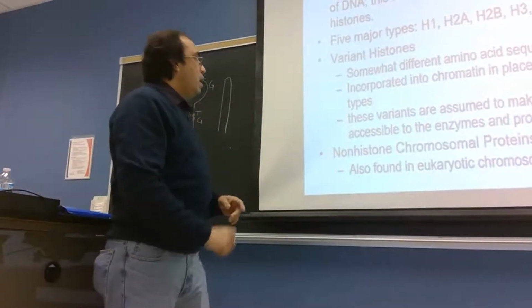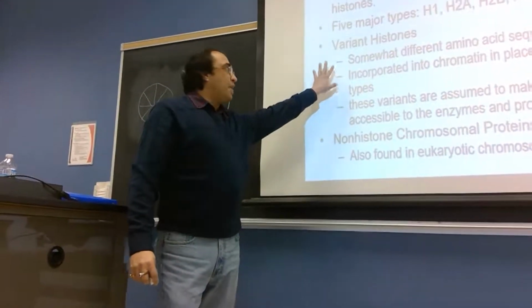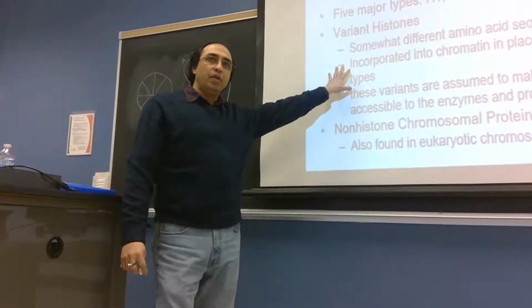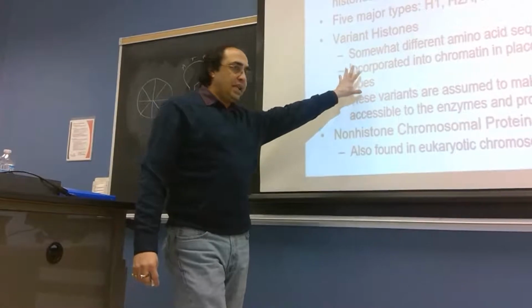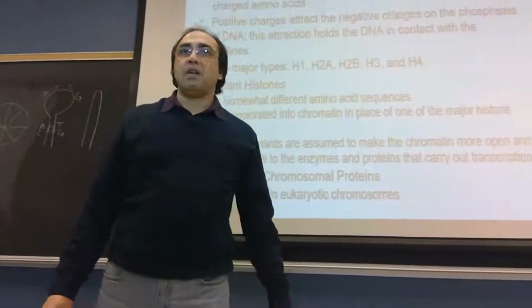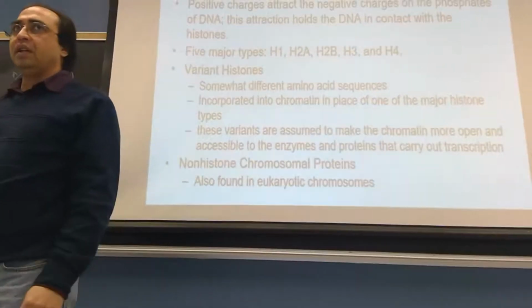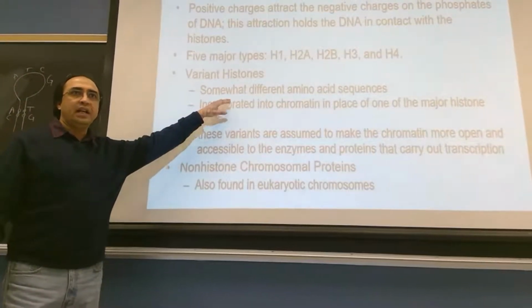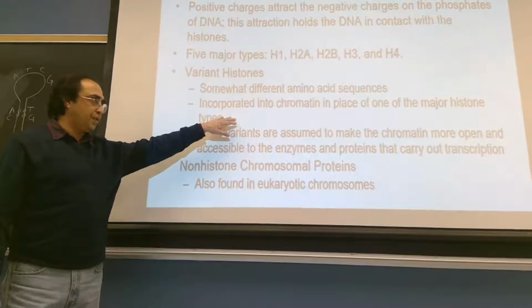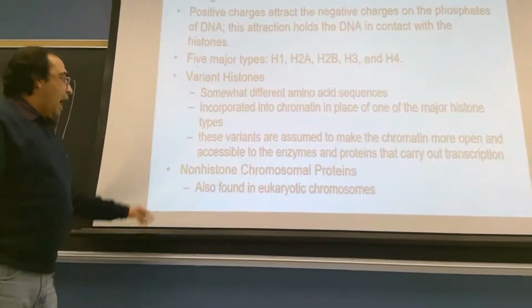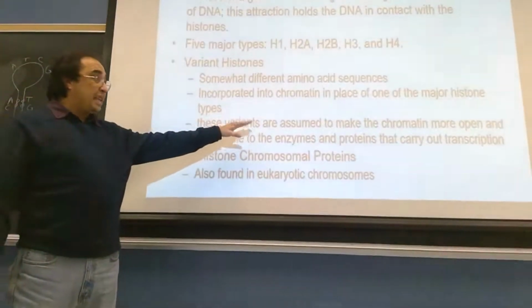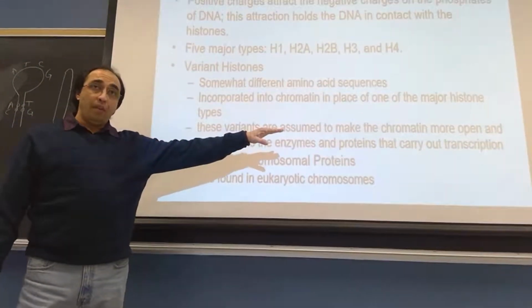With these histones, there are also variant histones. When we go to replication and mutation, we'll find that these variant histones can cause a bit of mutation. They have different amino acid sequences and are not normal histones. These variants are assumed to make chromatin more open.